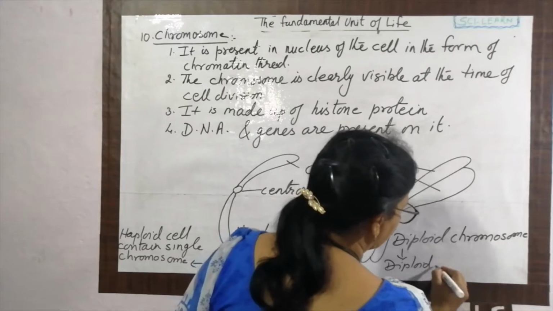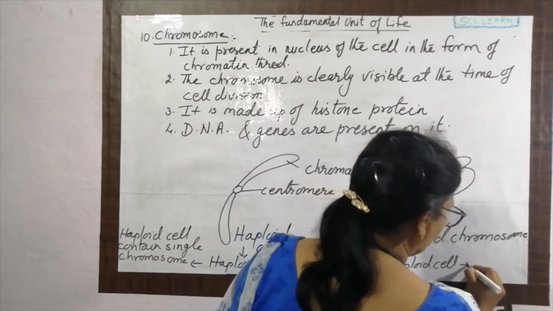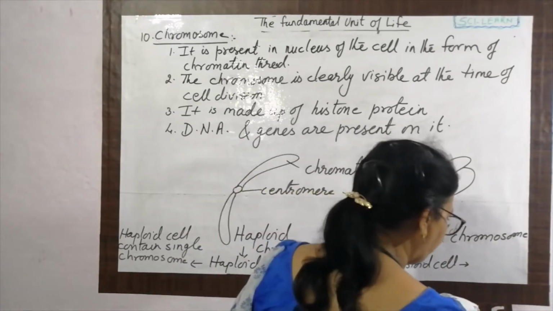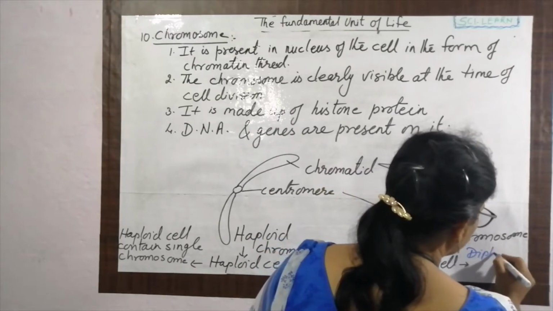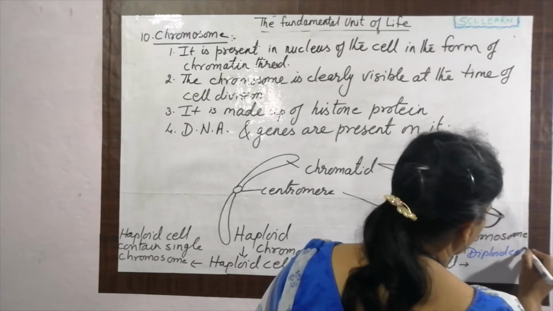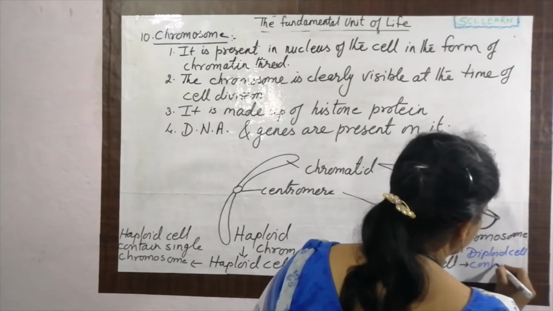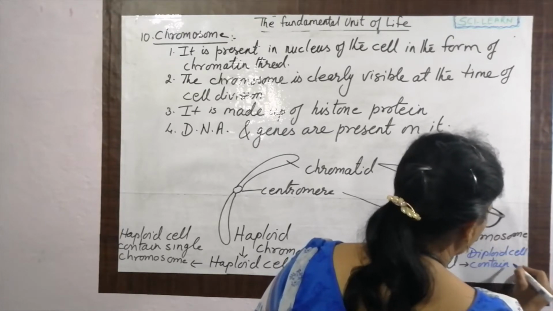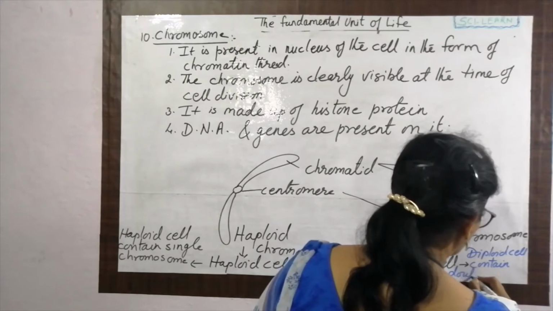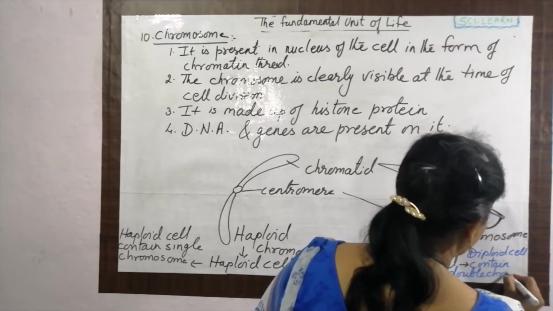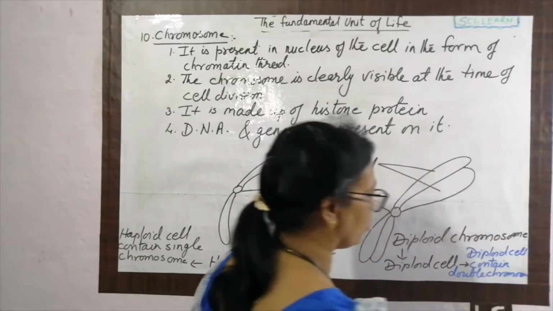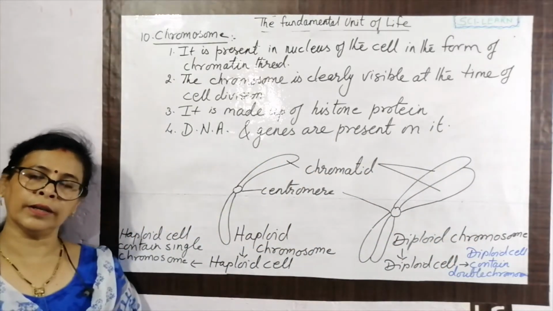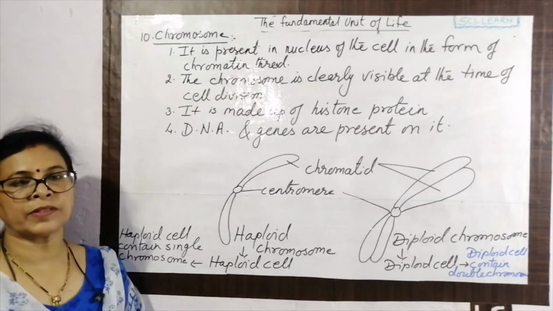What is a diploid cell? A diploid cell contains double chromosome or chromatid.